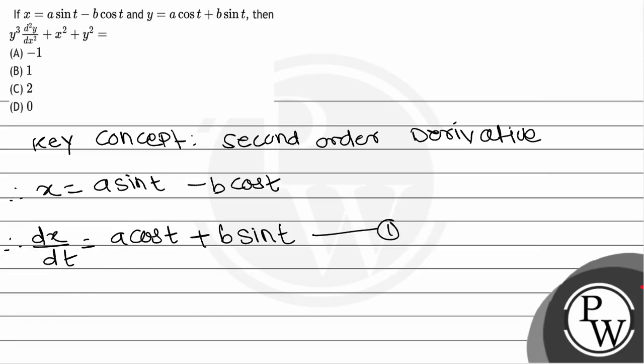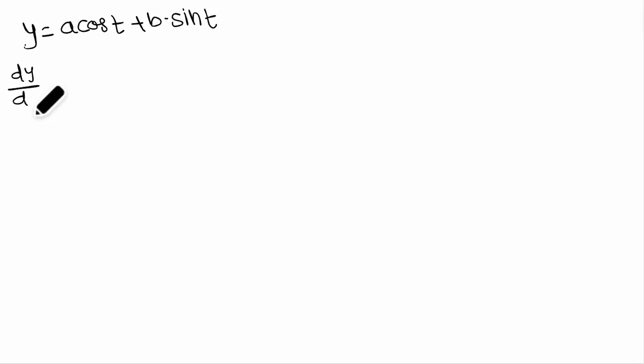Similarly, write down y equal to a cos t plus b sin t. If you differentiate with respect to t, you will get dy by dt equal to minus a into sin t plus b into cos t. Call this equation number 2.